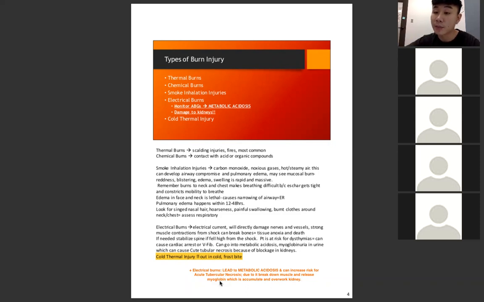It decreases the pH level of the blood, and also because it accumulates in the kidney, the kidney cannot effectively work, and therefore it leads to acute tubular necrosis. And remember in the kidney tutoring, I said acute tubular necrosis is the most common cause for intrarenal injury. Okay, so just a link there.